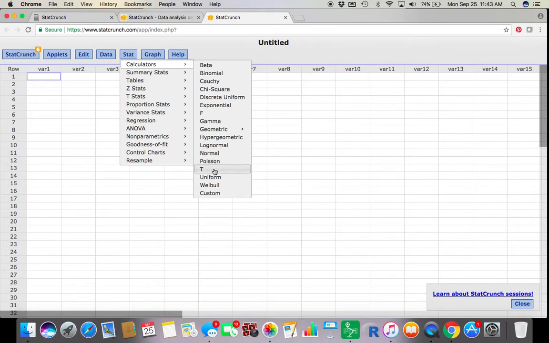So he developed this t distribution, but he had to publish anonymously.